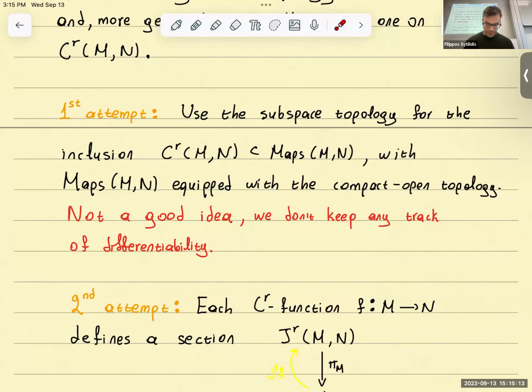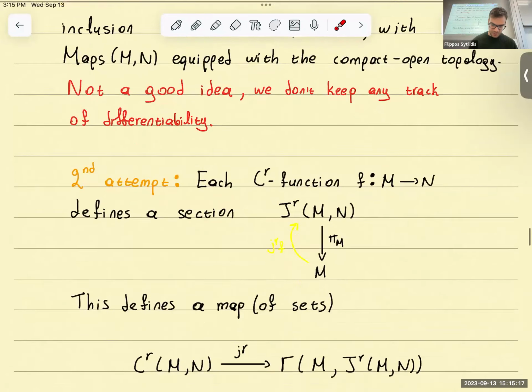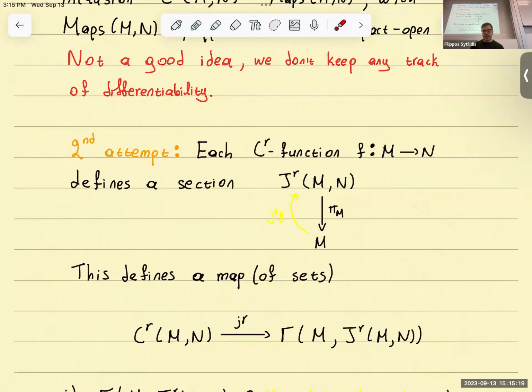Okay. And well, the second attempt will be more successful. The first thing to see is that if you give me a C^r function from M to N, that defines for me a section of this fiber bundle. Let me use a different color.